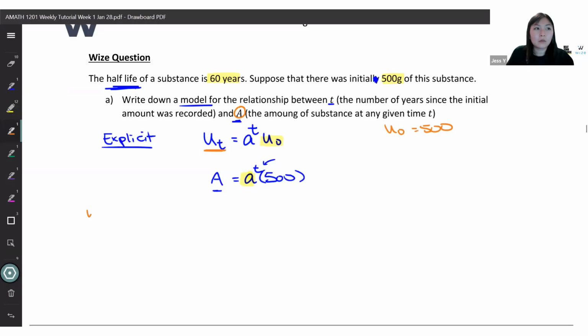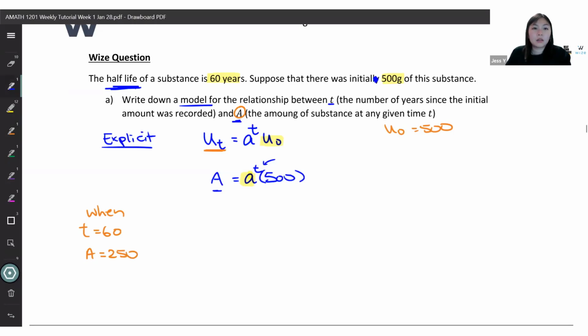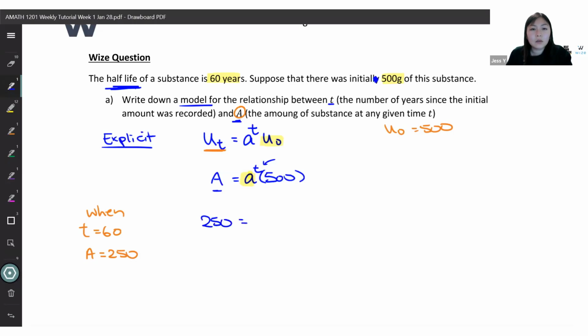So I'm going to put that in. When t is 60, the amount is now half of the original. So half of 500, which is 250. So let's plug that in. So A is 250 equals little a to the power of t, which is 60, times 500.